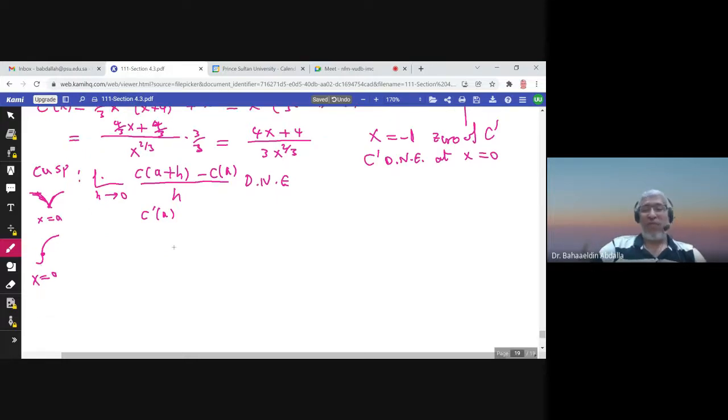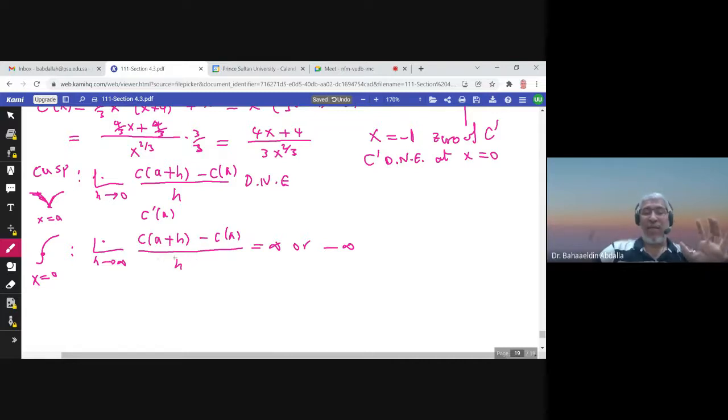Also here the derivative does not exist. But how to find out that we have a vertical tangent line? The limit when h approaches 0 of c of a plus h minus c of a over h, which is c prime at a, is infinity or negative infinity. Well, in both cases, it does not exist.